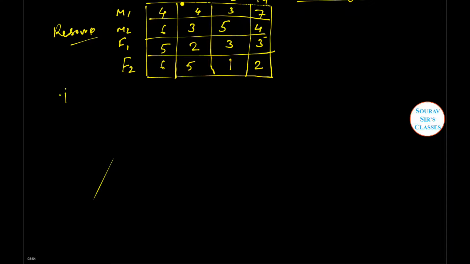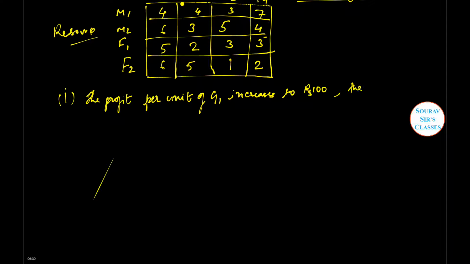Case 1: the profit per unit of G1 increases to rupees 100 and the profit per unit of G4 decreases to rupees 65.